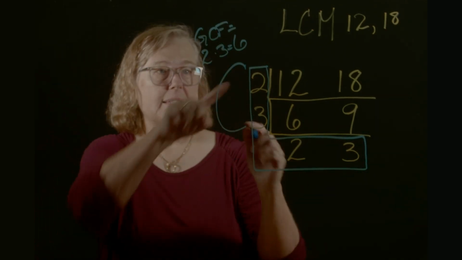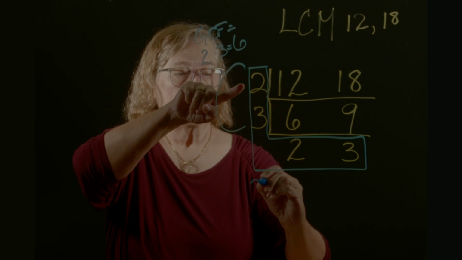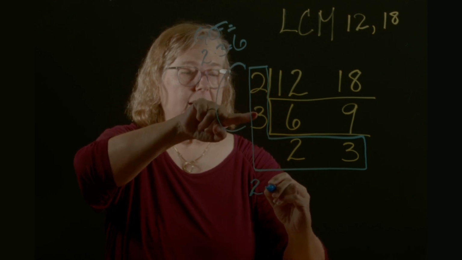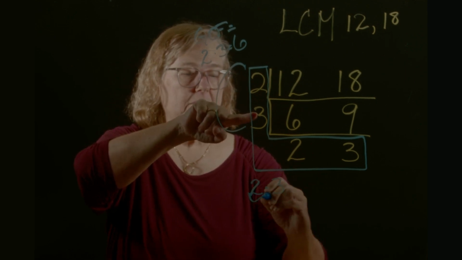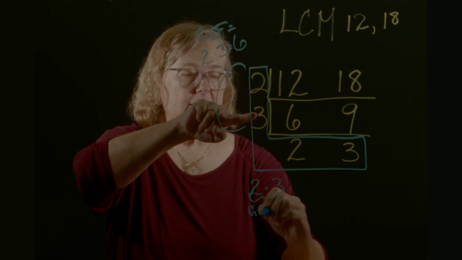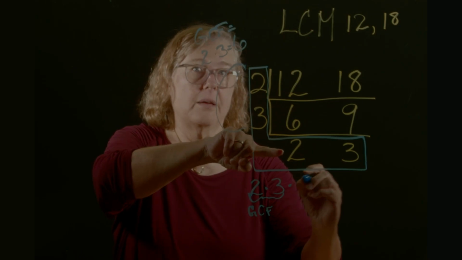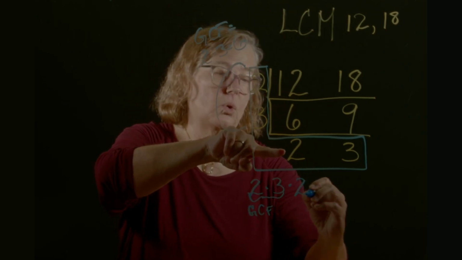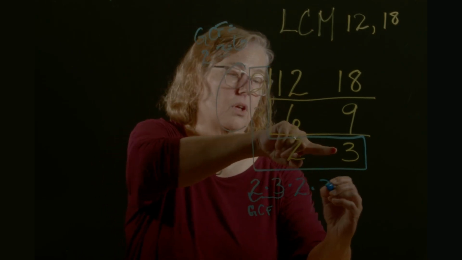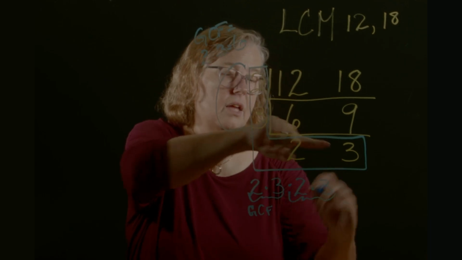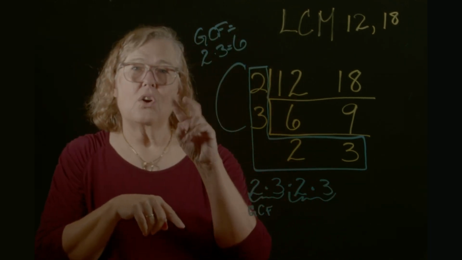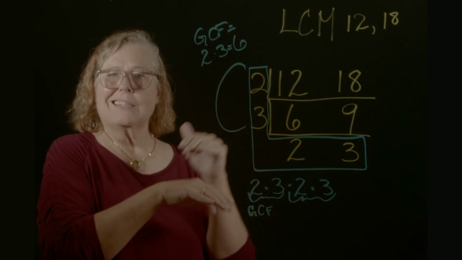Let's try it. So we're going to say 2 times 3. That's the GCF. We saw that already. Times 2 times 3. That's the leftovers. You know, like last night's spaghetti.